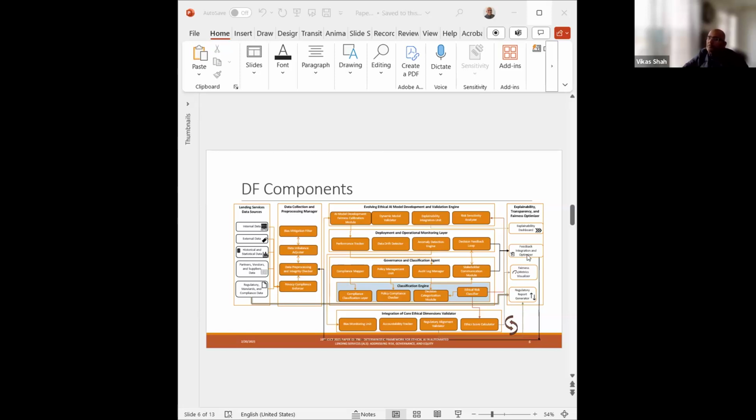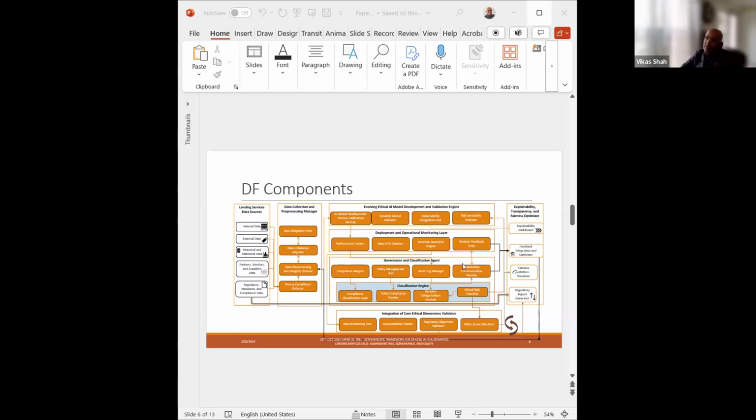The NIST framework is more generic, I would say, because it works at a larger scale, not specifically for automated lending services, right? Our framework is based on the specific regulatory requirements and the niche level of the activity that we perform, the automated lending services.